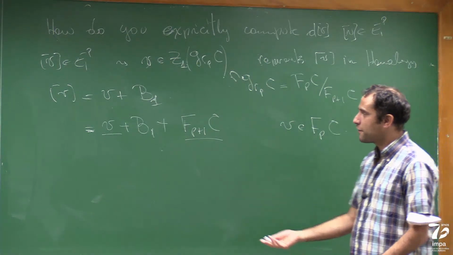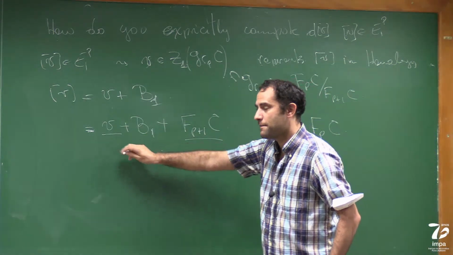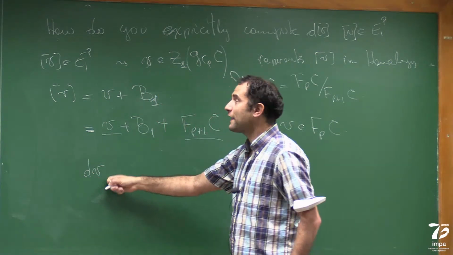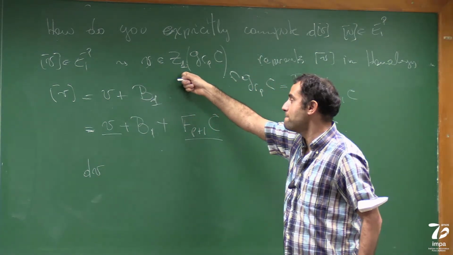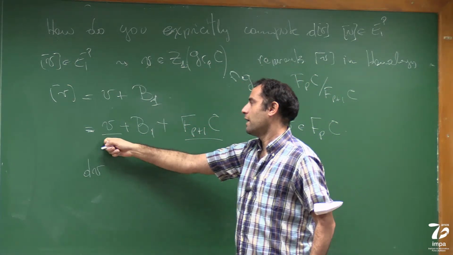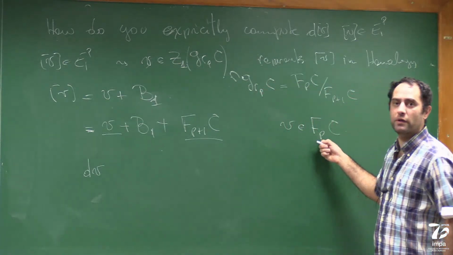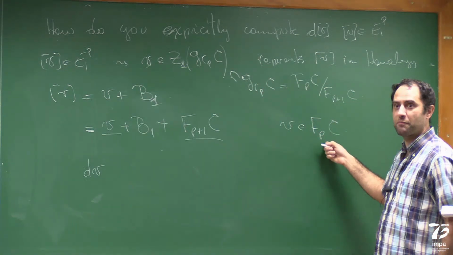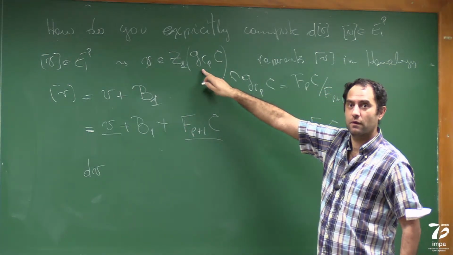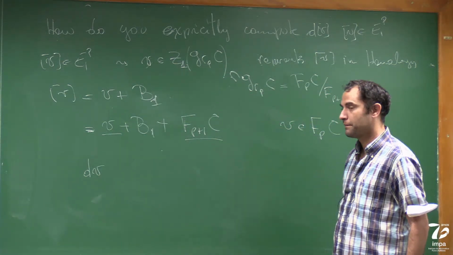Now, when I apply the differential D to V, the fact that it was in the kernel of the differential here meant that the differential does not have an FP component. It lands inside of FP+1. That was the condition that dV is 0 in this complex, in the associated graded.